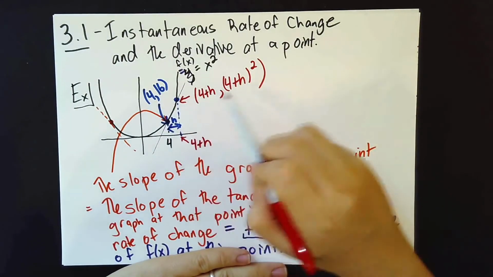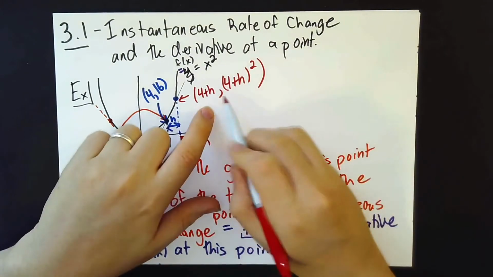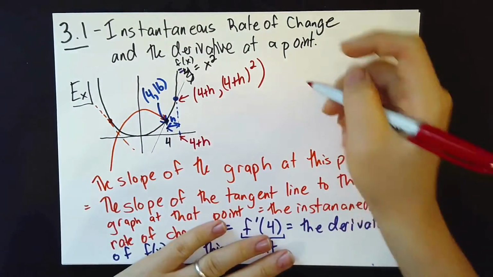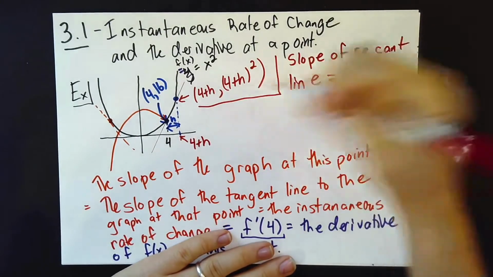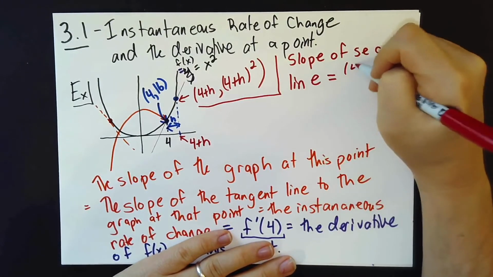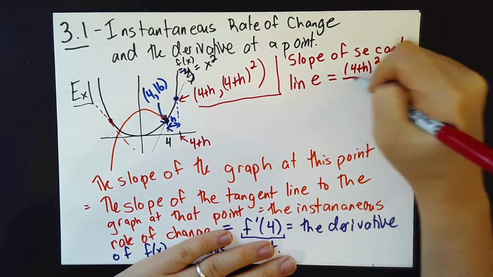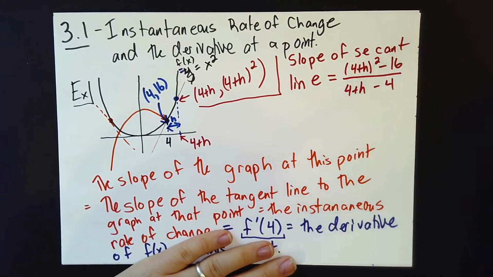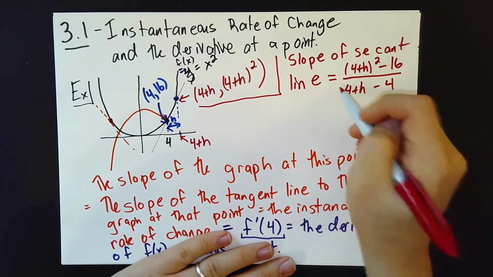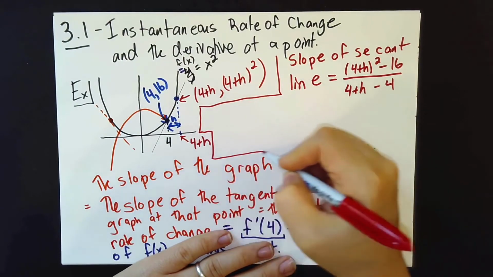And so the slope of the secant line between 4, 16 and 4 plus h, comma, 4 plus h squared, I can write down. It's going to be 4 plus h squared minus 16 divided by 4 plus h minus 4. Which I'm going to go ahead and take this time to do a little bit of algebra to simplify.